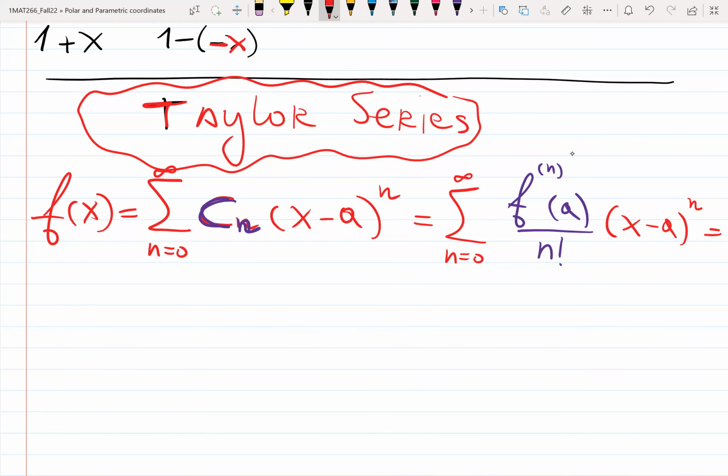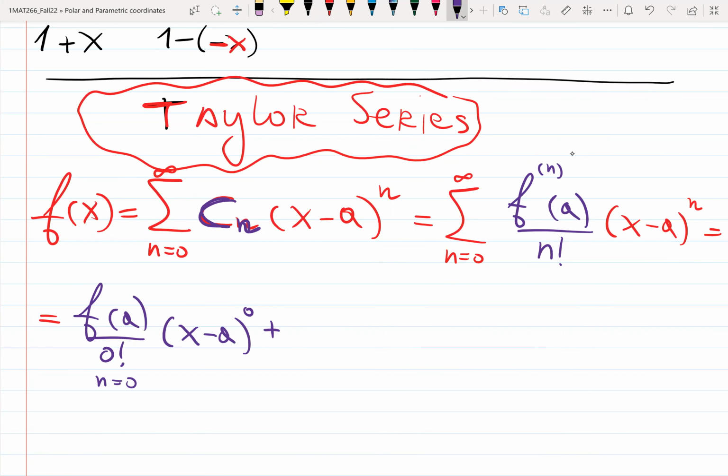And let's rewrite it term by term. How do you get that? When n is 0, it's going to be the zero derivative, that's the original function. So first, the original function at a divided by 0 factorial multiplied by (x minus a) to the 0.